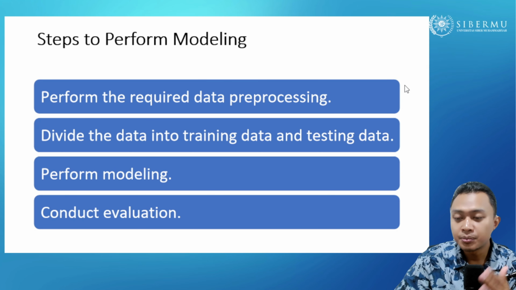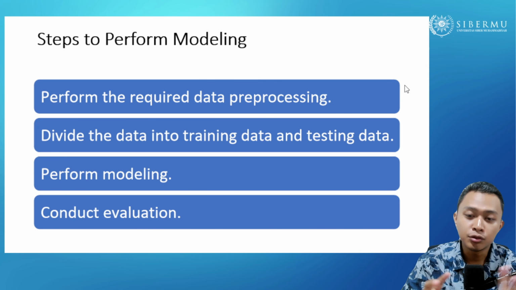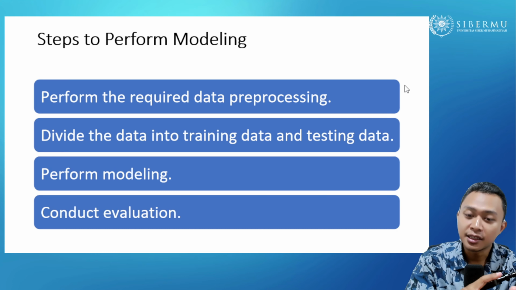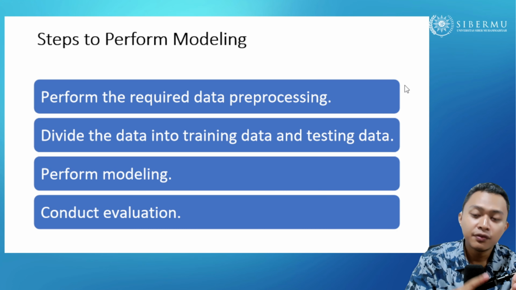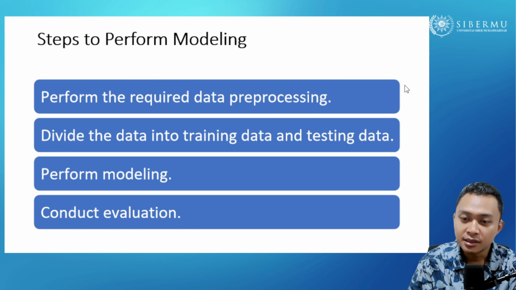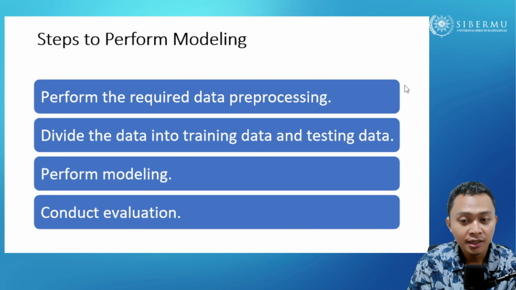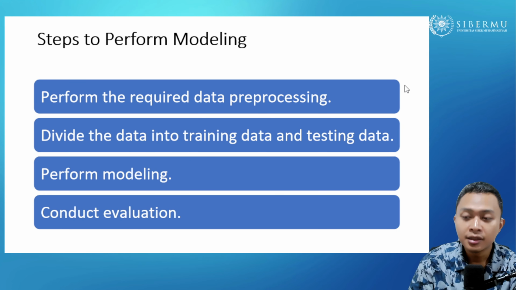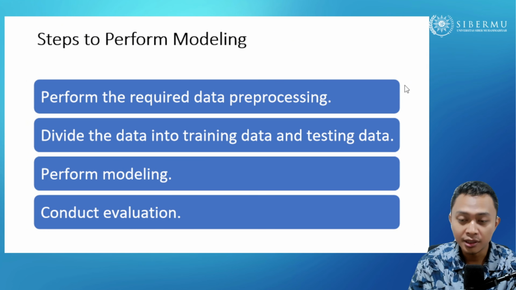Then we split the data into two cool teams: training data to teach the model and testing data to check if it's good enough. After that, we create the model, kinda like drawing the blueprint, and finally we evaluate it to see if it's awesome or needs a tweak.